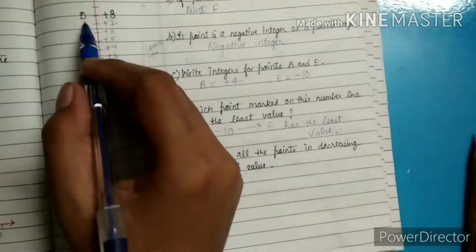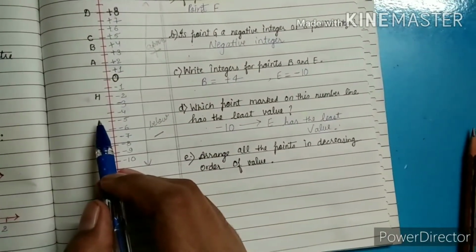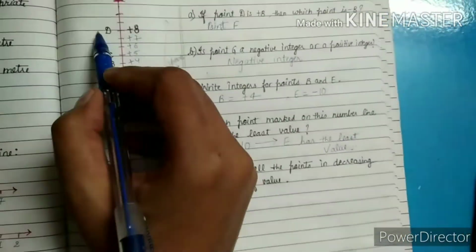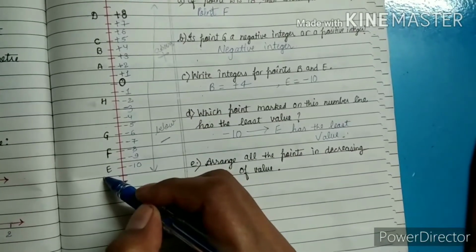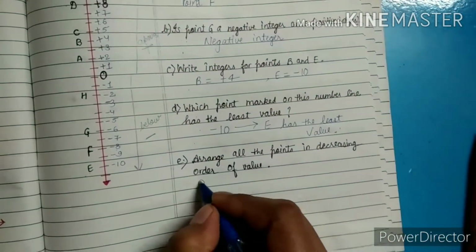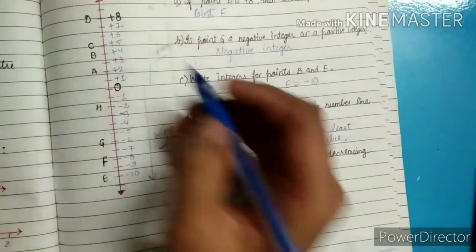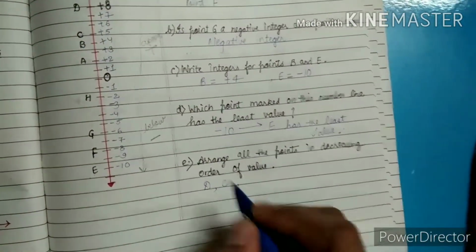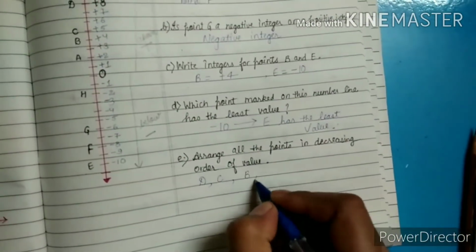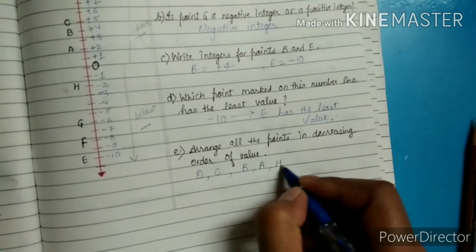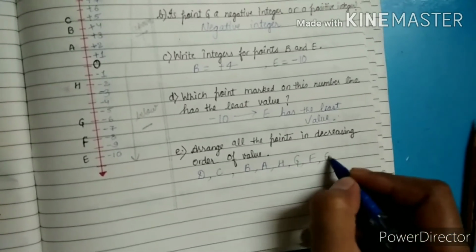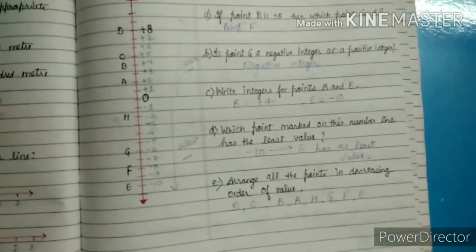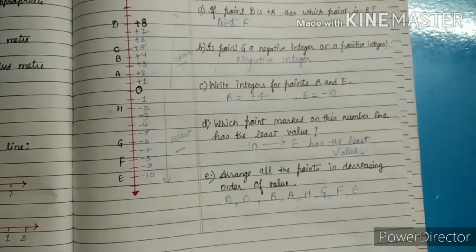The same pattern continues: we have to go from high to low, so we start from D and stop at E. Below D is C, then B, then A, then H, then G, then F, and last is E. So here we completed question number 4.